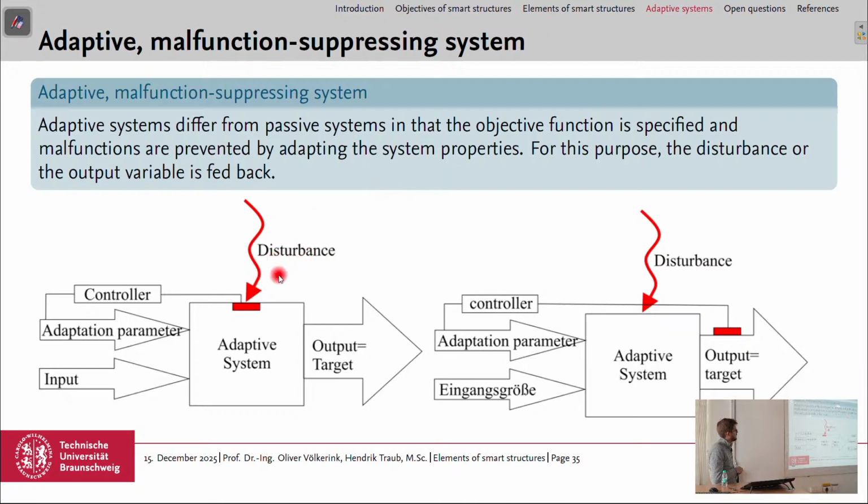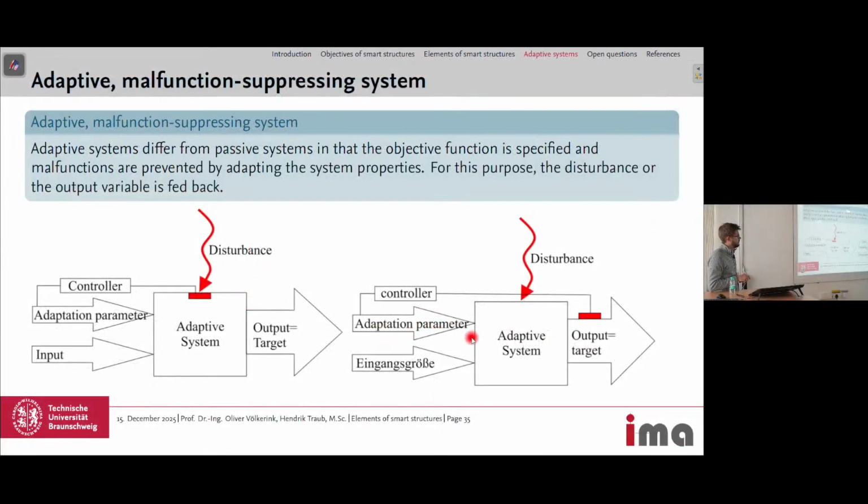For doing so, we have two options. We can measure the disturbance directly and feed it back through a controller into an adaptation parameter of the adaptive system, or we can measure our output quantity and not the disturbance, and feed that back through the controller into the adaptation parameters, and then have the output.